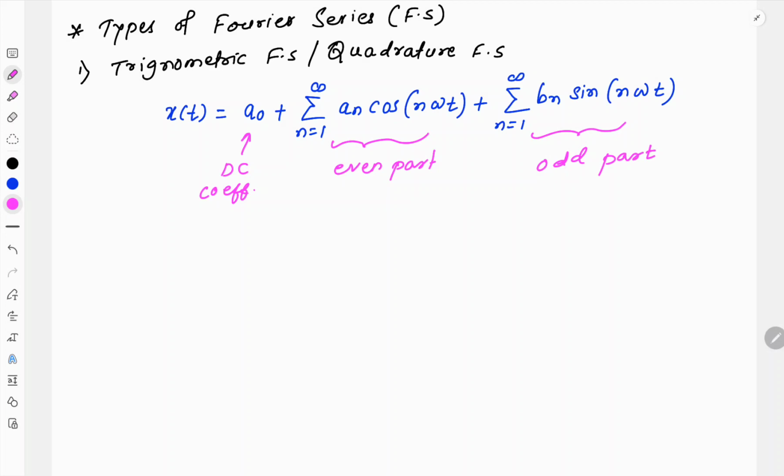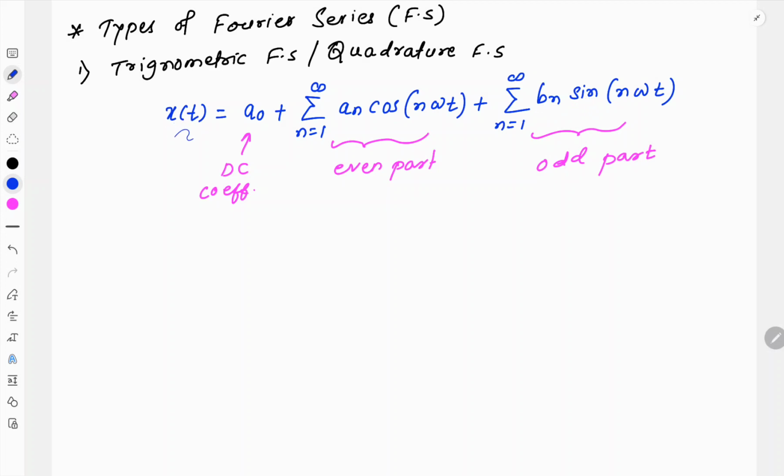So if you look at this equation carefully, this x of t signal is represented as a certain constant value a0, then it is addition of the cosine terms with certain amplitude which is represented by an. So we have cosine terms added together, plus we have the sine terms with certain coefficient bn added together.